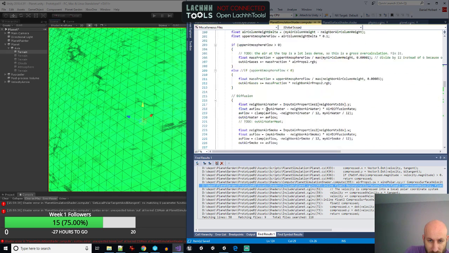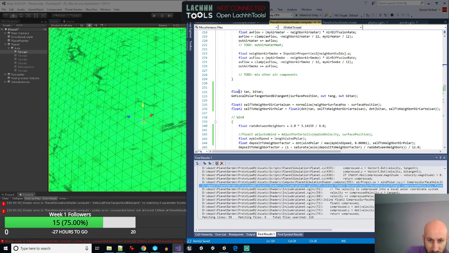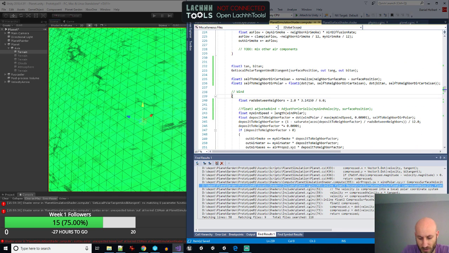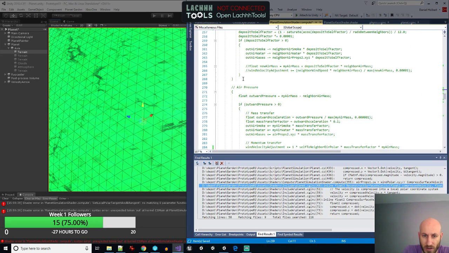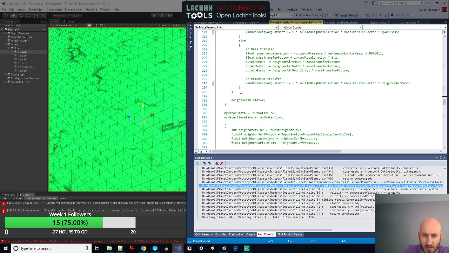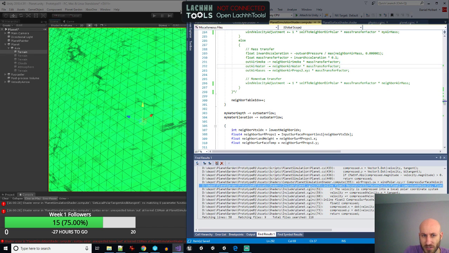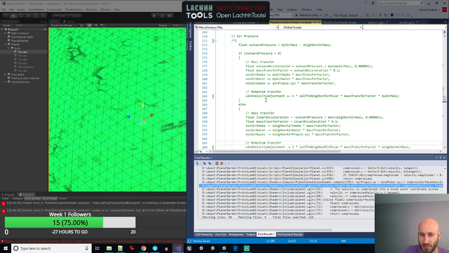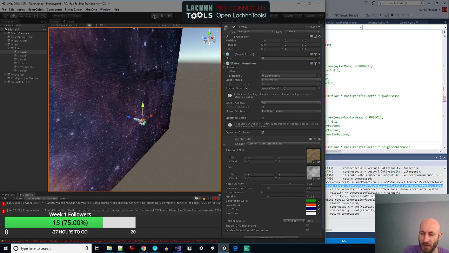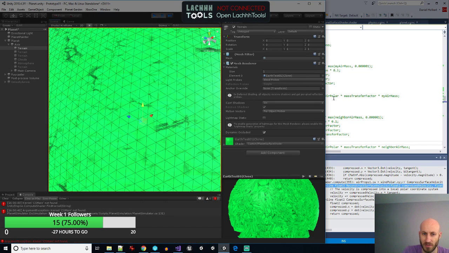So what I'm going to start off doing is just disable all that wind stuff and all that air pressure stuff, and just make sure everything's what I expect it to be. So I expect there to be basically no wind. There should be some changes in air pressure from other stuff, but the air pressure shouldn't be affecting the wind yet, or moving mass around, like diffusing too much.